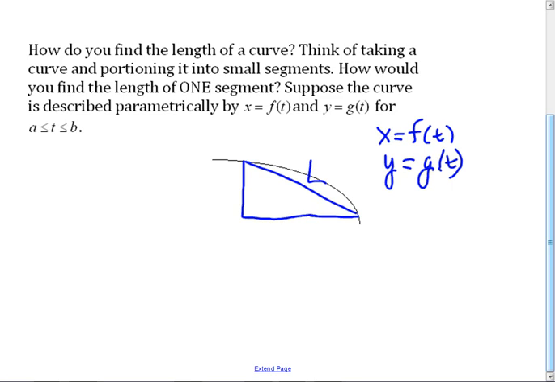I want the length, but I'm not just going to do that. I'm going to do the derivative. Or am I doing velocity? So x is equal to f of t, y is g of t.